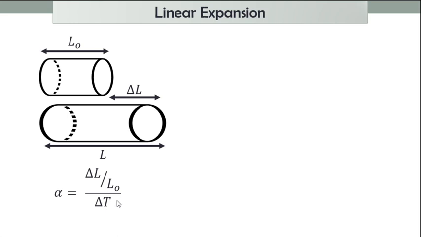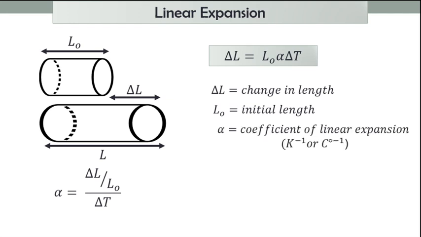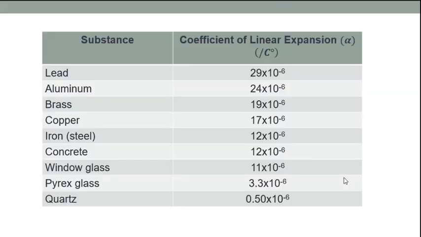From this, we can write an equation for the change in length: the change in length is equal to the initial length, or L sub O, times alpha, which is the coefficient of linear expansion, times change in temperature, or delta T. This table shows the different substances with the average coefficient of linear expansion. So the unit for alpha is per Celsius degree.